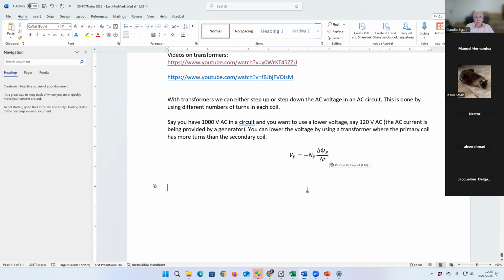Think about that. The secondary coil is going to have exactly the same relationship: number of turns in the secondary coil, and change in magnetic flux in the secondary coil.